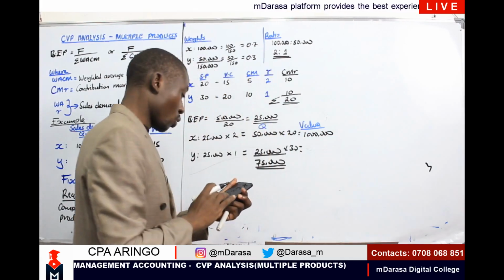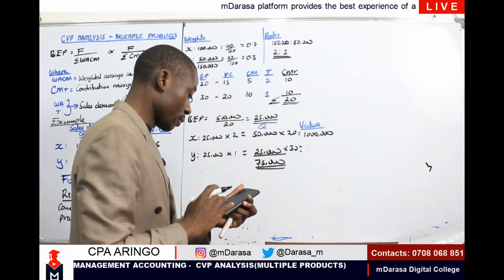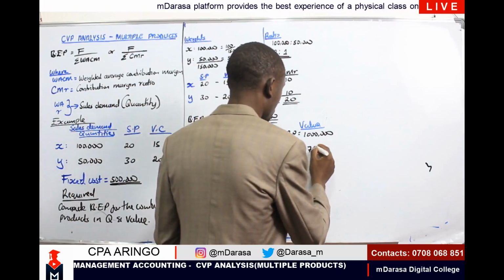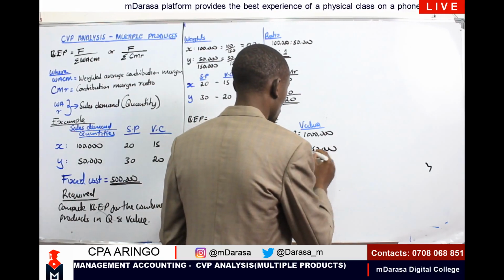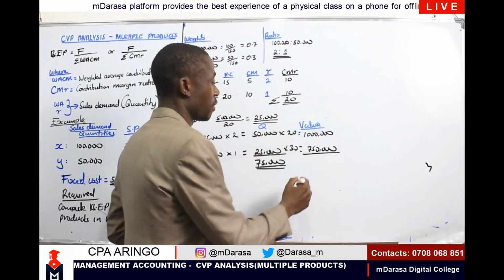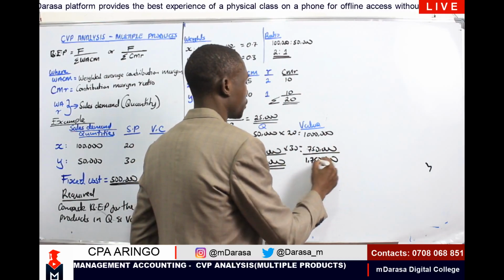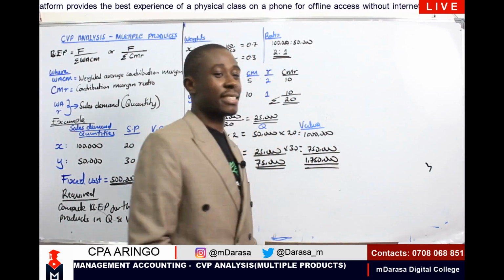The other case, we should be talking of 25,000 by 30 to give me a figure of 750,000. So total, we can clearly see our break-even point in value, 1,750,000. And we have it like that.